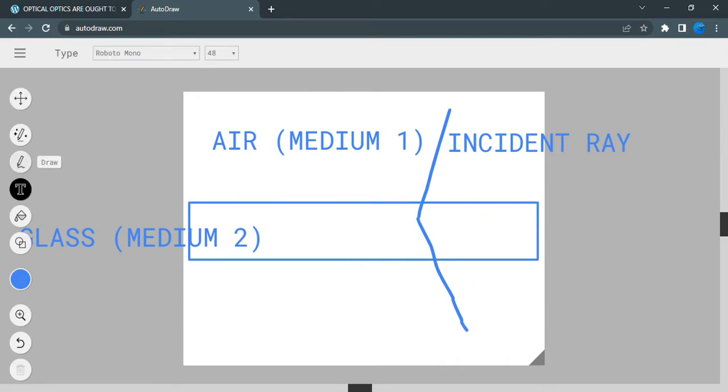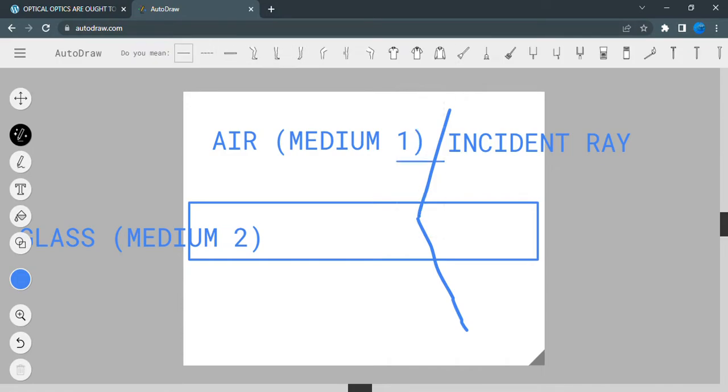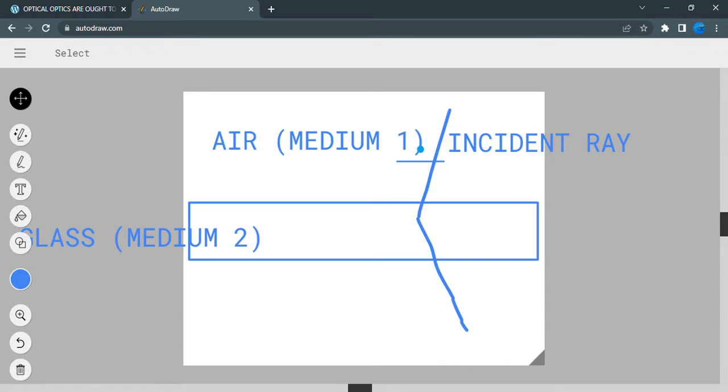Next up, this is the normal. Normal, as you might have thought, is a perpendicular drawn to the surface of the glass. This is basically a straight line. This is the normal. Now the light which comes out of this glass is known as the emergent ray.